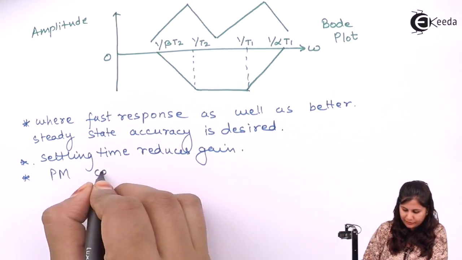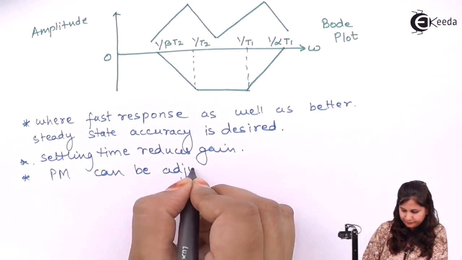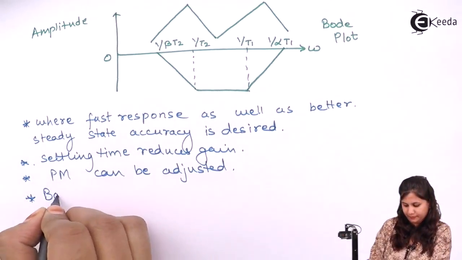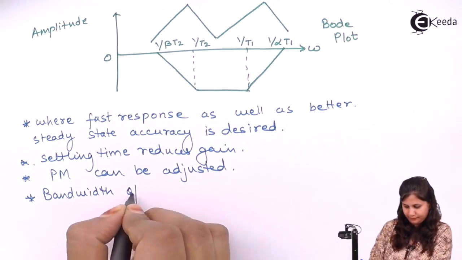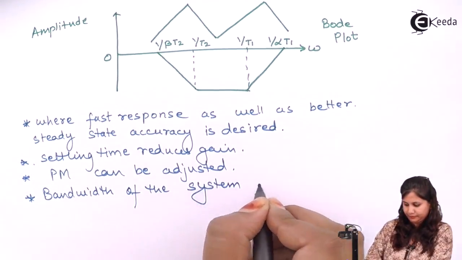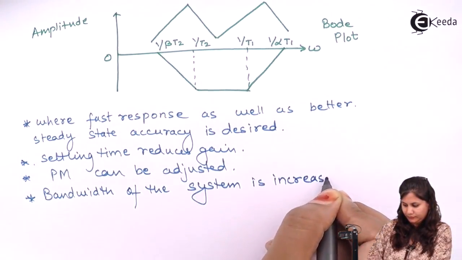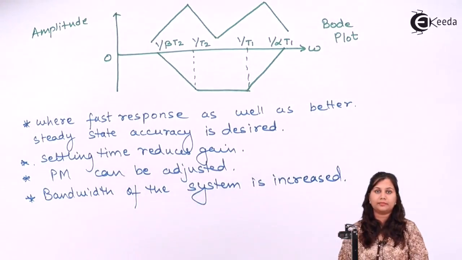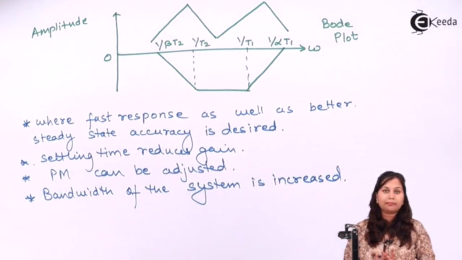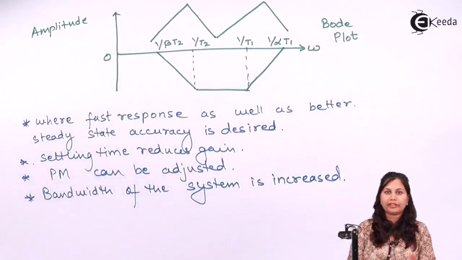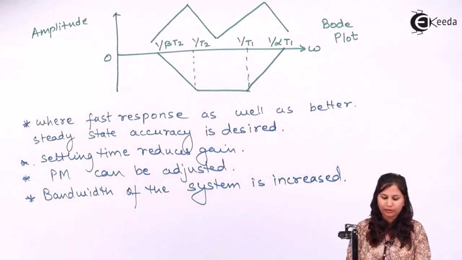Phase margin can be adjusted. Also, the bandwidth of the system is increased. So these are the combined effects of both the phase lag and phase lead networks.